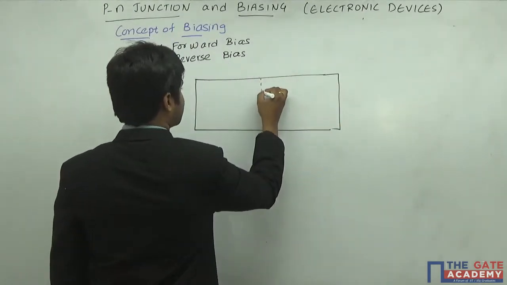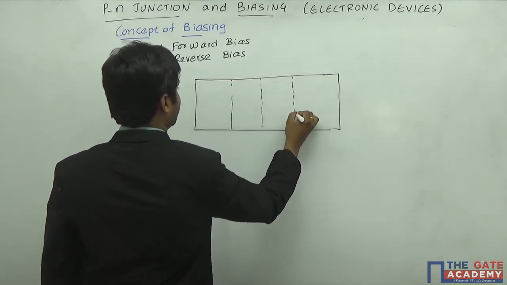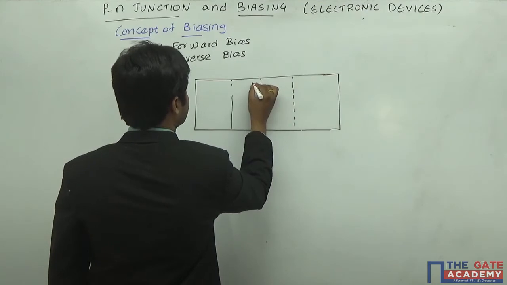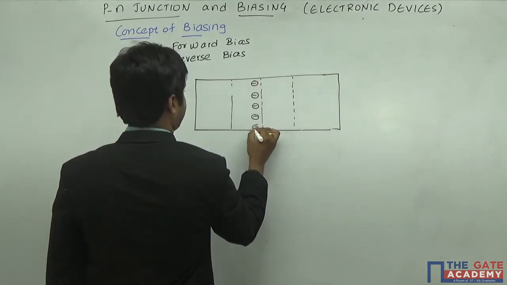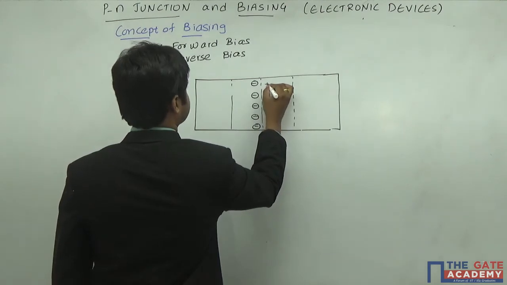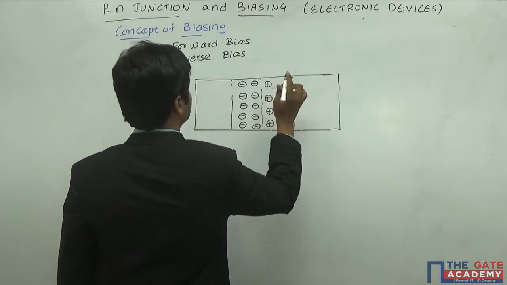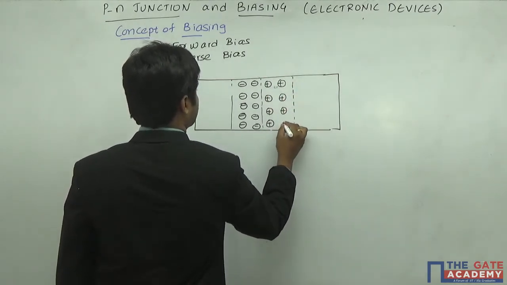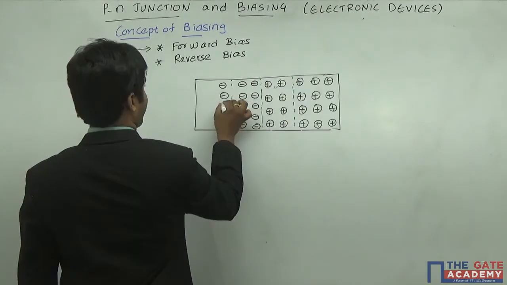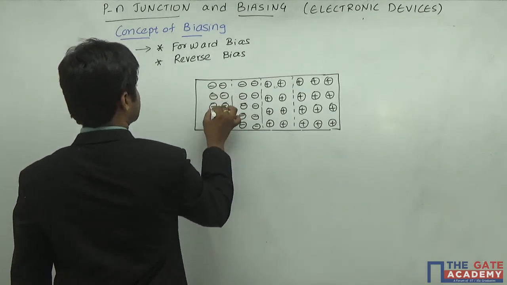For that I am once again going to draw a depletion region and the bulk region. Inside the depletion region, probably something like this is there. This depletion region is already formed. I'm just roughly drawing the depletion region here.